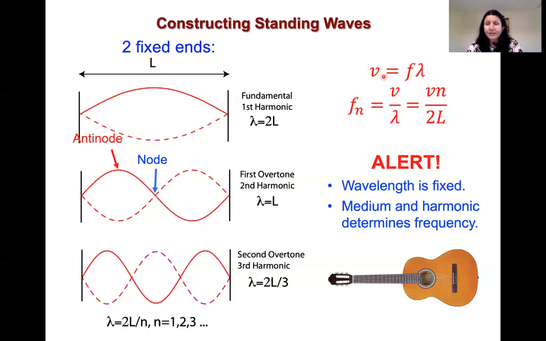The speed of the wave is frequency times wavelength. So if we solve for frequency, and the subscript n means for a given harmonic, it's speed over wavelength, and then if we plug in this expression for wavelength, we get v times n over 2L.